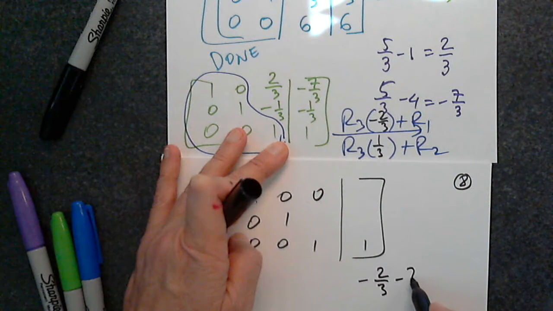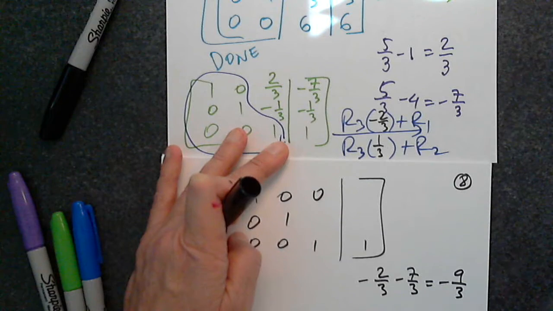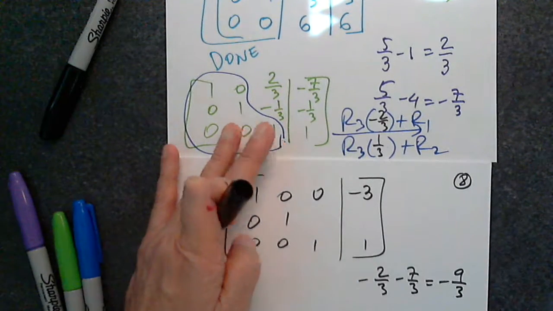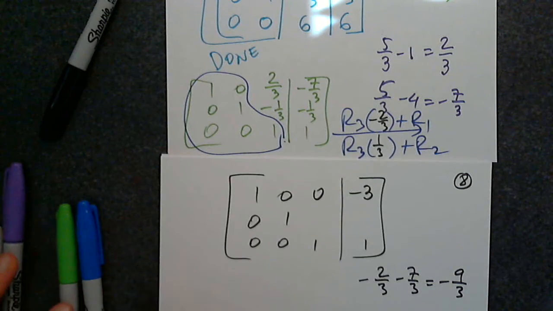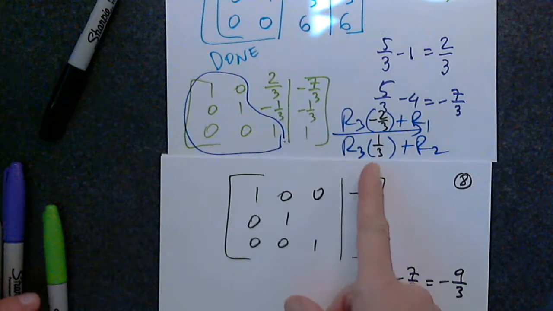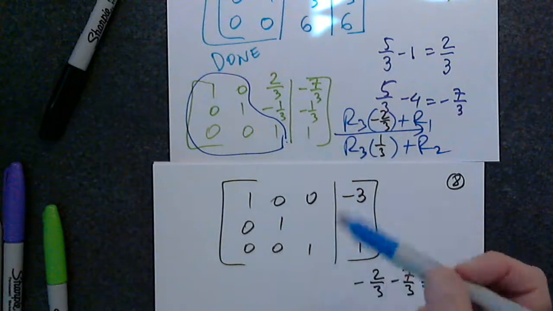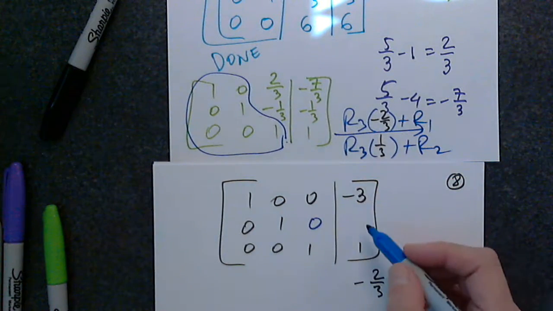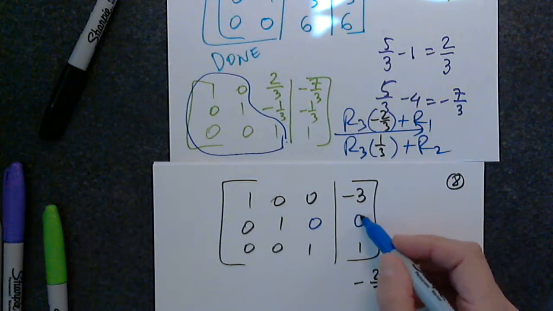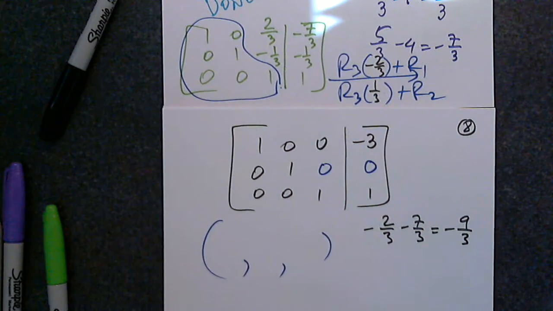Negative 2/3 minus 7/3 is negative 9/3, which is negative 3. Now, 1 times 1/3 minus 1/3 is 0.